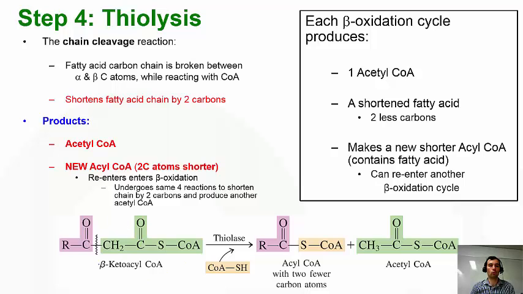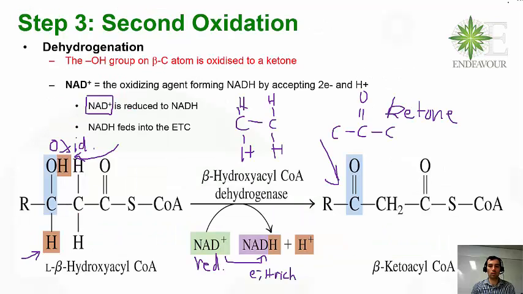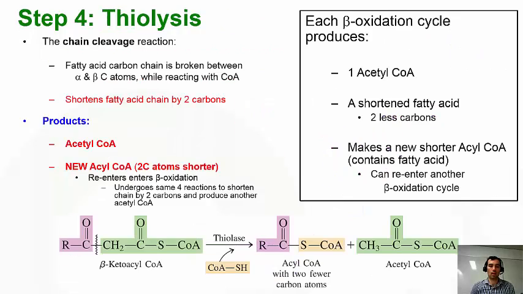So we're going to remove an acetyl-CoA from the acyl group, which contains the additional carbonyl group that we just created. So in step 3, we've created this carbonyl group, and we're now going to cleave this at this point.